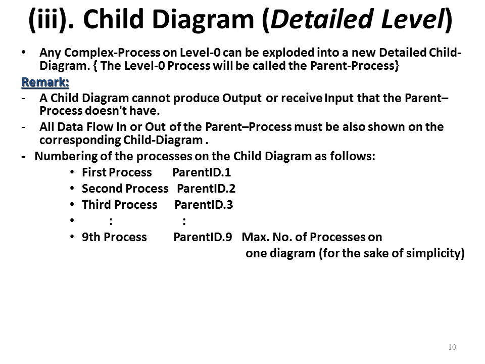But here the numbering process is different. We need to use the parent ID, not starting from 1 and going on 2, 3 and so on, and we need to make it as simple as we can. We only need to include about 9 processes in this level.